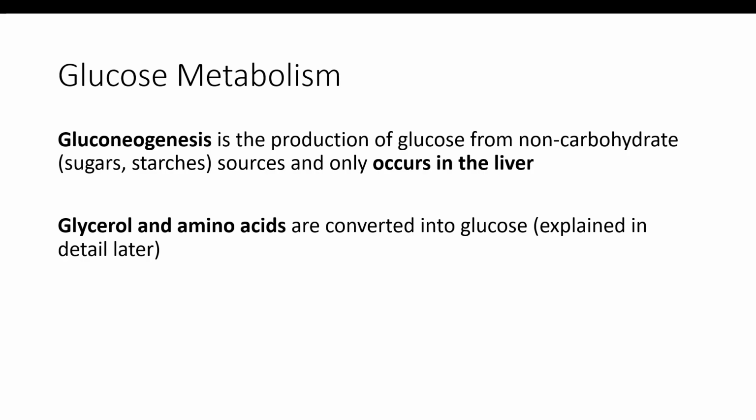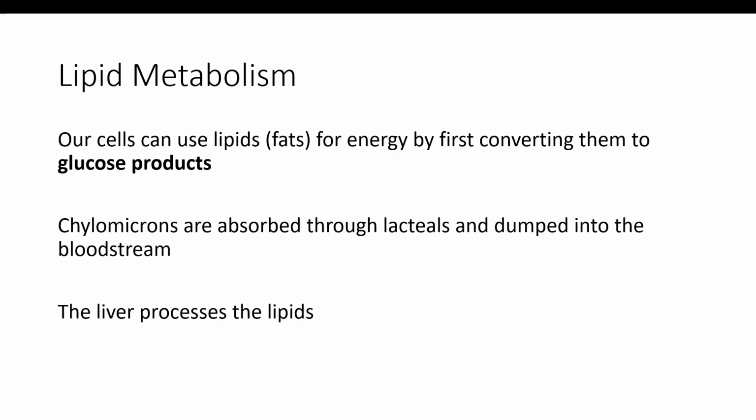Those are already carbohydrates. So I have to be taking in things like fats. I have to be taking in things like lipid products and protein products and turning those into carbohydrates. The big ones being things like glycerol and amino acids, and we'll talk way more about how we use glycerol here in actually just a second, and we'll talk more about amino acids when we talk about protein digestion.